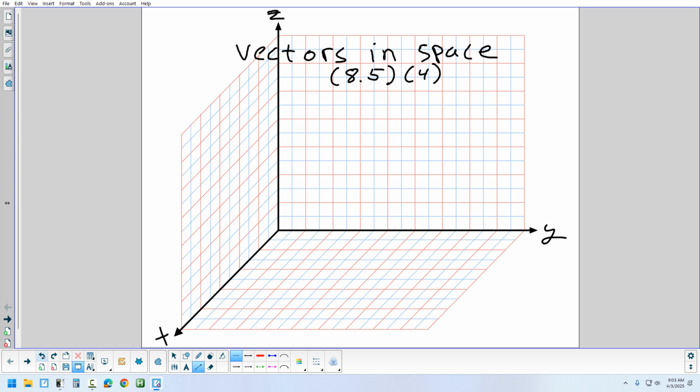Any questions on the idea of the coordinate system? Which axis points in which direction? Yeah? Why is the positive x-axis pointing down? If you think of this book as the coordinate plane, the x-axis is this side, the y-axis is this side, and the z-axis is coming up out of the book.